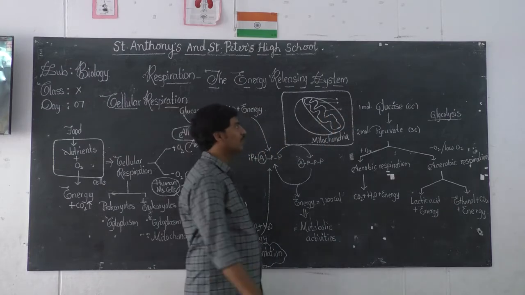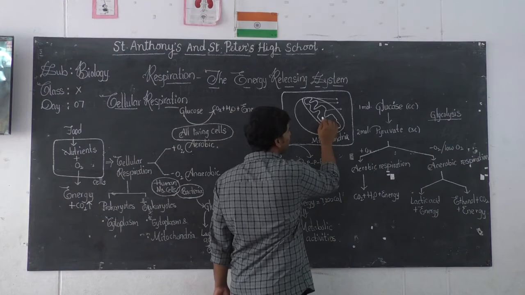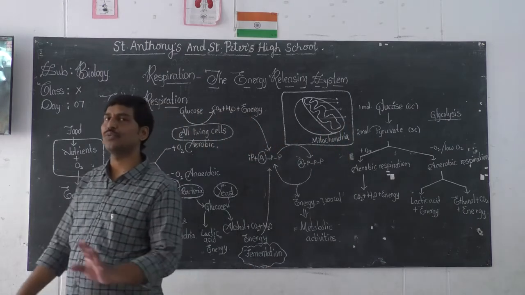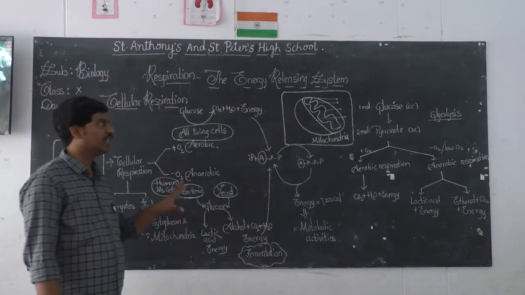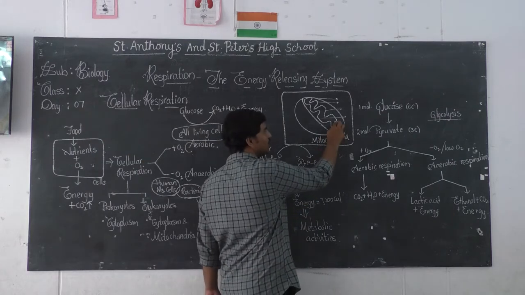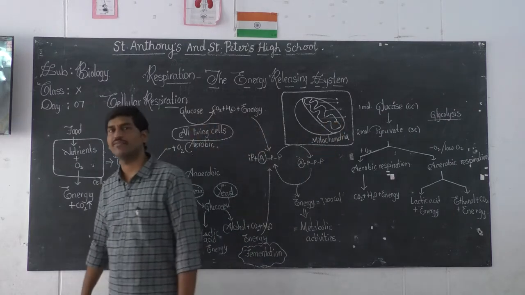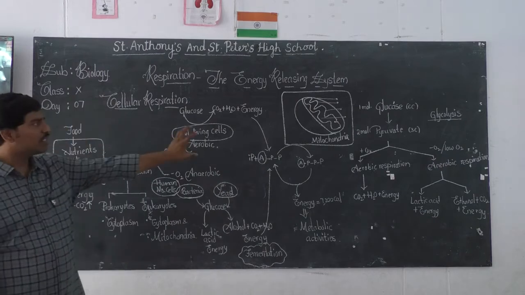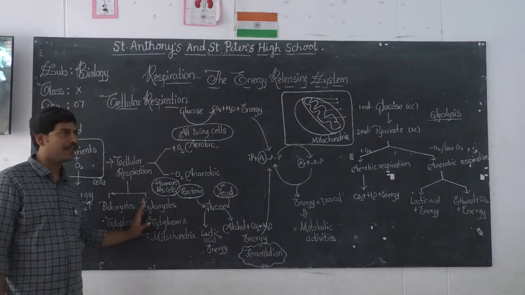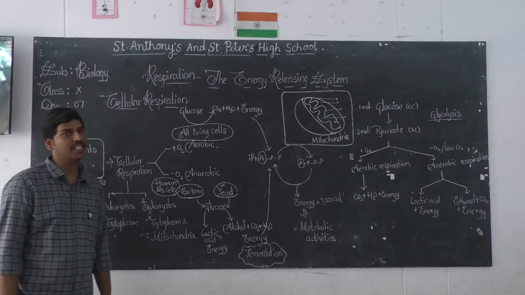And the complete inside is called the matrix, and inside the matrix it has its own DNA, some enzymes, and some F1 particles. We call them F1 particles. Now, in the mitochondria and in the cytoplasm of eukaryotes, cellular respiration takes place.